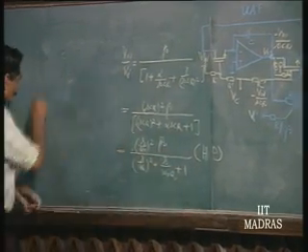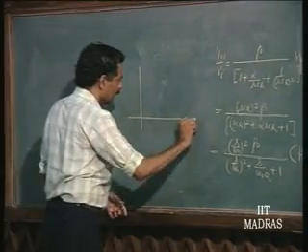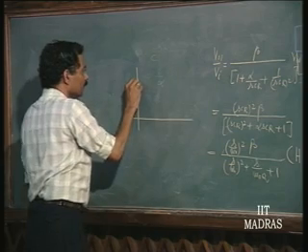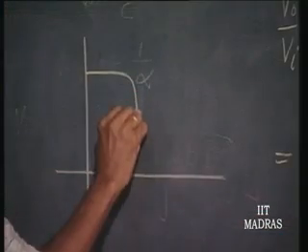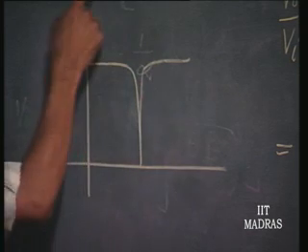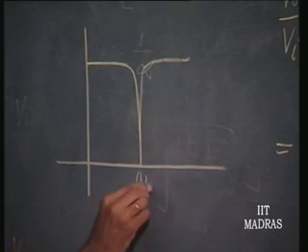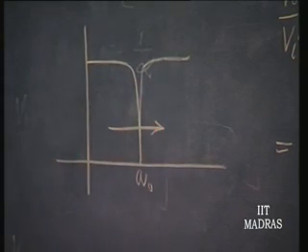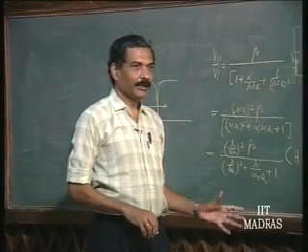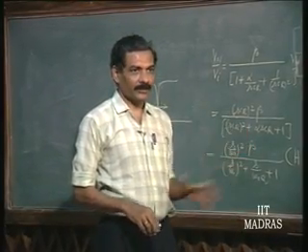Therefore, you can now obtain a characteristic here, if you take the output at this point, where the output is going to have a notch at omega naught, which can be varied. So, you can get rid of the unwanted frequency.